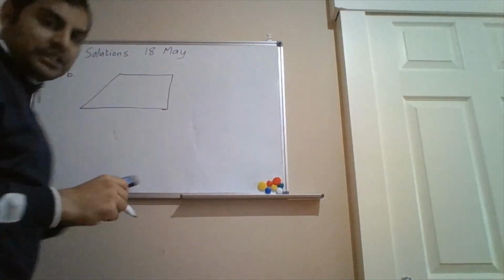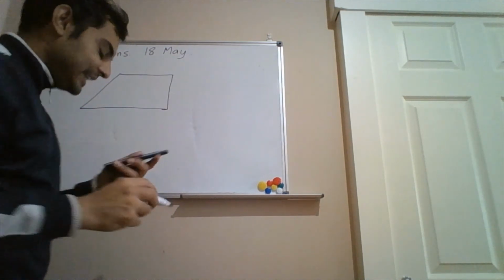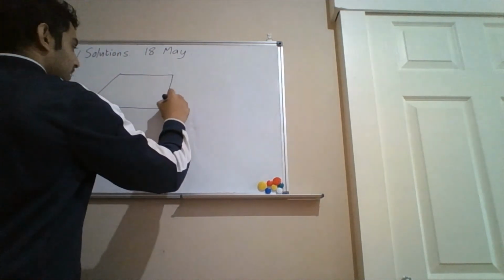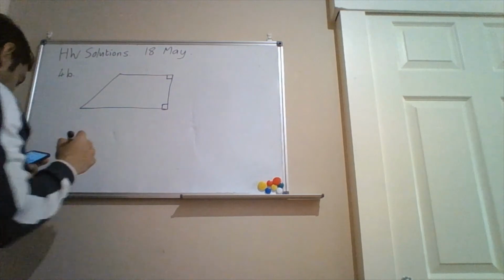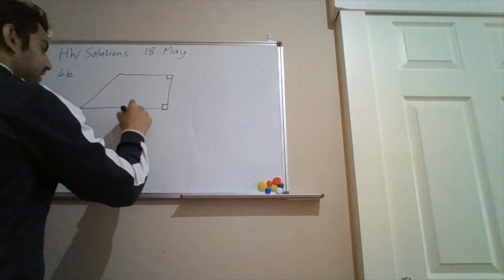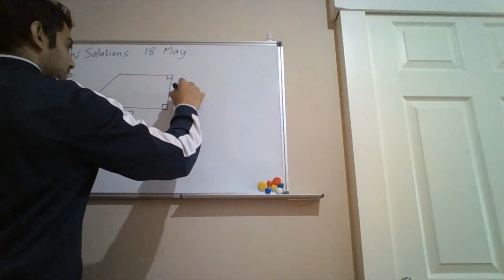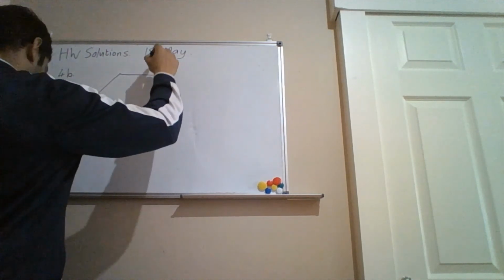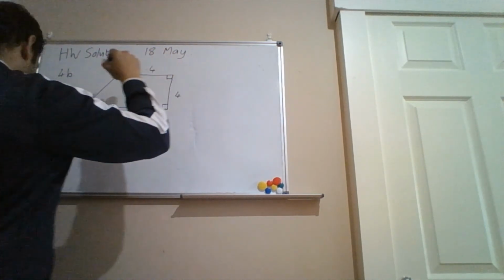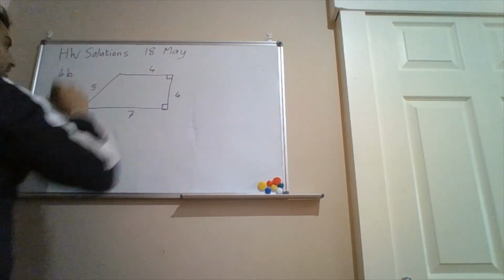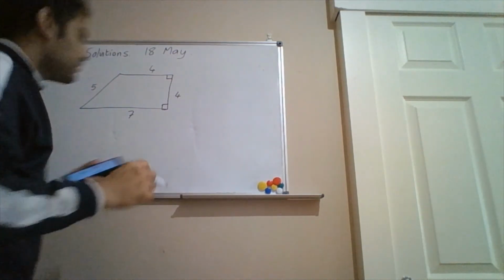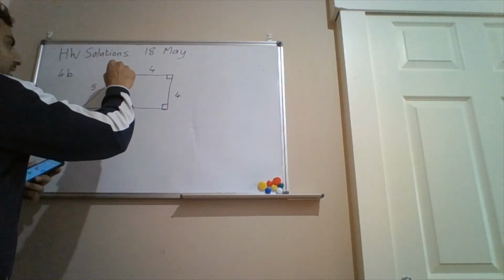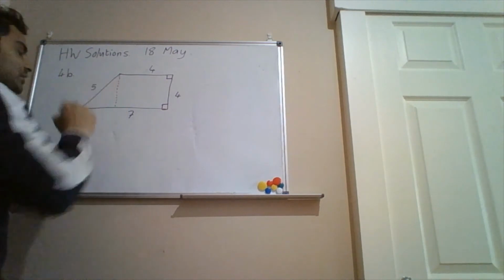This shape in particular has the name trapezium. These two sides are 90. This side is 7. This side is 4. This side is 4. And this side is 5. So what I'm going to do is split it into a triangle and a square.